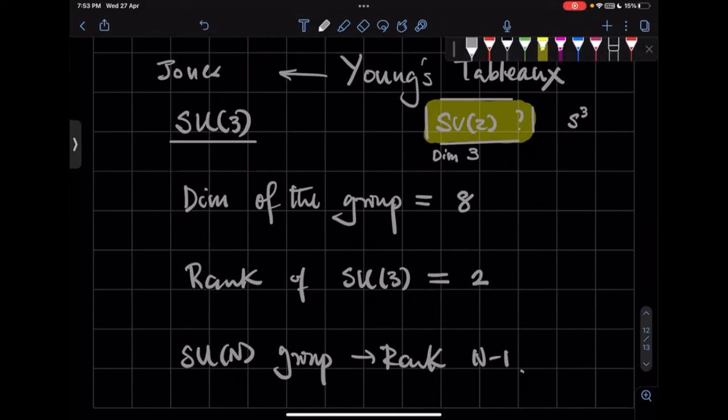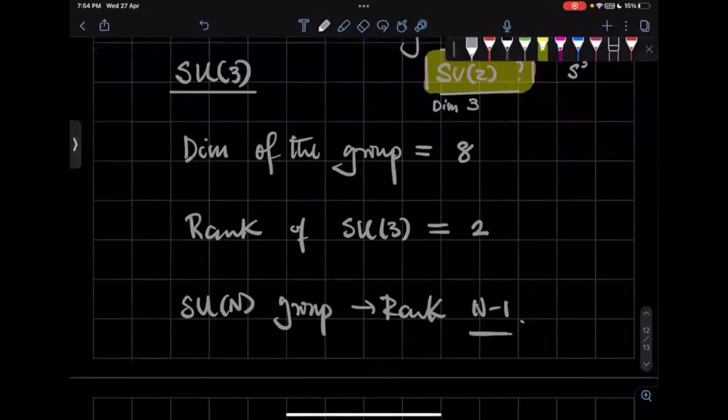So there will always be N minus 1 diagonal traceless matrices, and of course they will commute with each other, being diagonal. All the other generators don't commute with these. So that's an easy way of remembering why the rank of SU(N) should be N minus 1. So SU3 has rank 2.